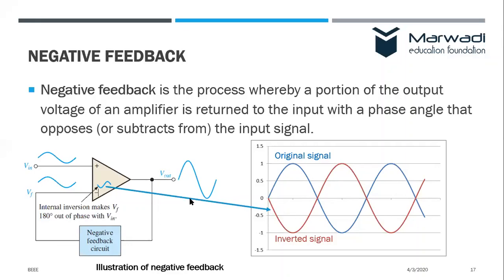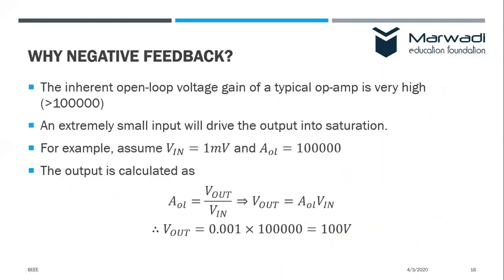Now let us understand why we need the negative feedback at all. So far I was saying that the gain is infinite, but having an infinite gain is not an advantage in an operational amplifier.